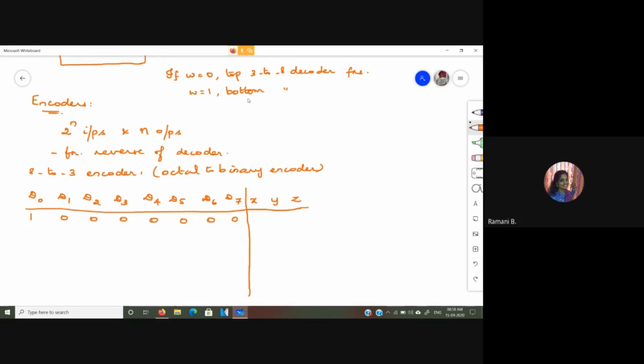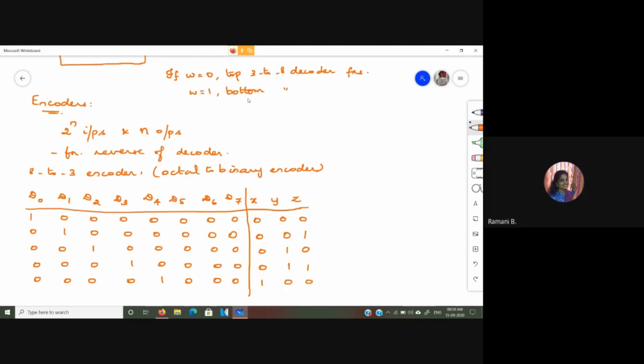So this implies when D0 is equal to 1, it is binary 0. For D1 equal to 1, it is 0, 0, 1. And D2 equal to 1, 0, 1, 0. D3 equal to 1, you have it as 0, 1, 1. D4 equal to 1, it is 1, 0, 0.